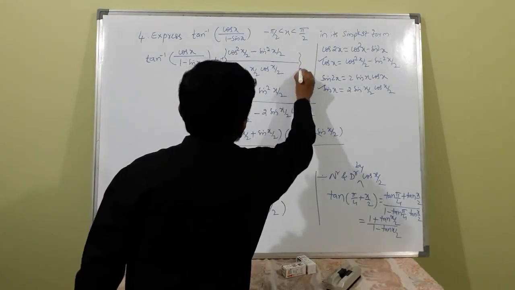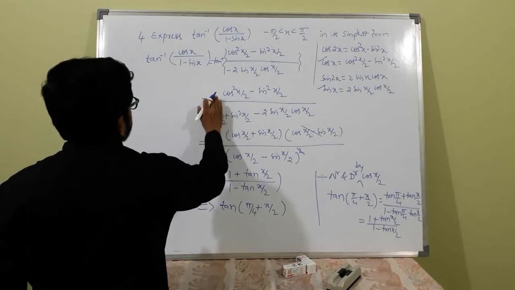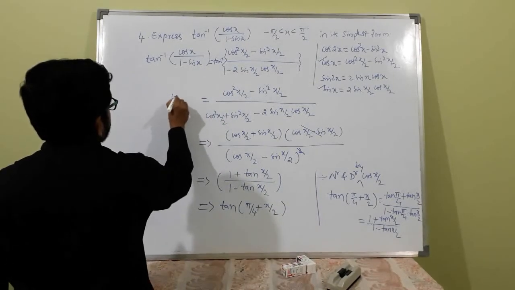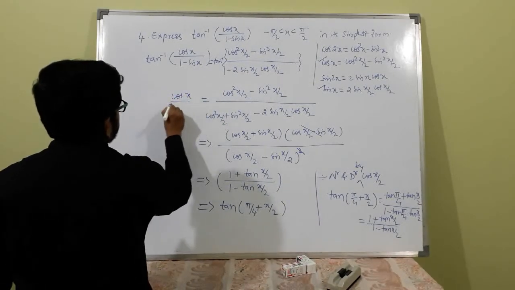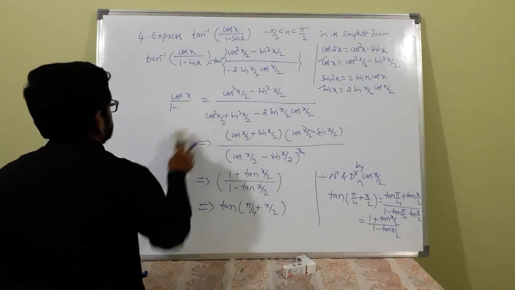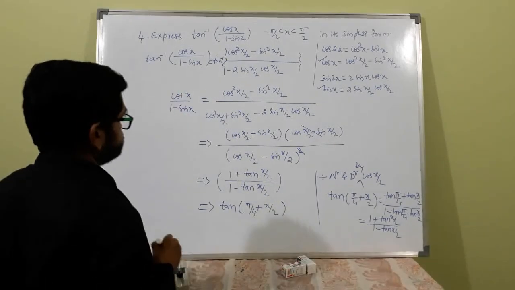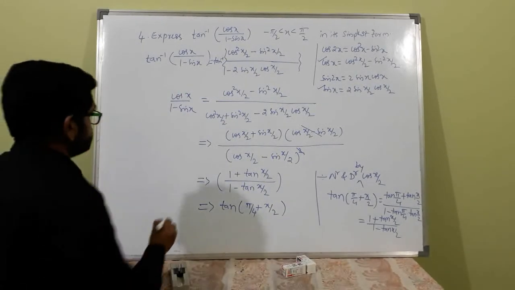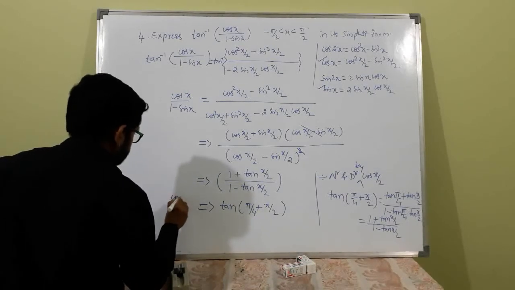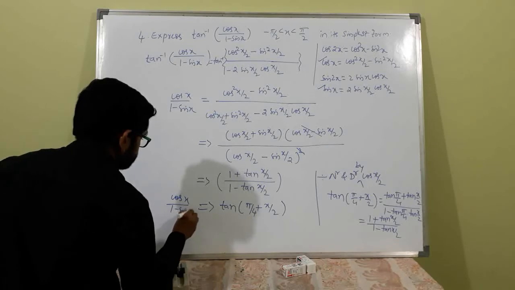Okay, see here, tan inverse comes everywhere, but let us do one thing. Cos x by 1 minus sin x, cos x divided by 1 minus sin x is this much.